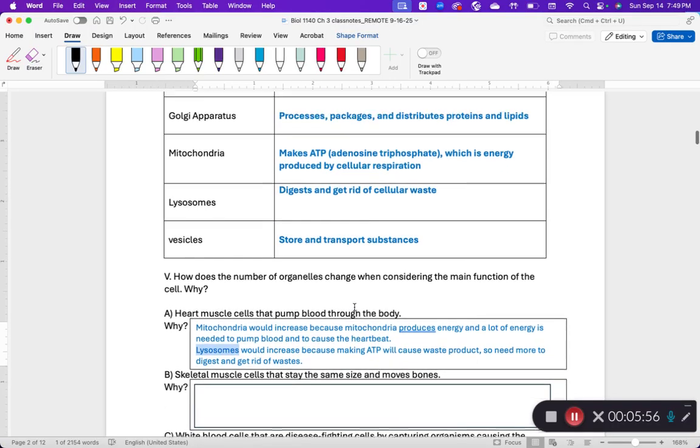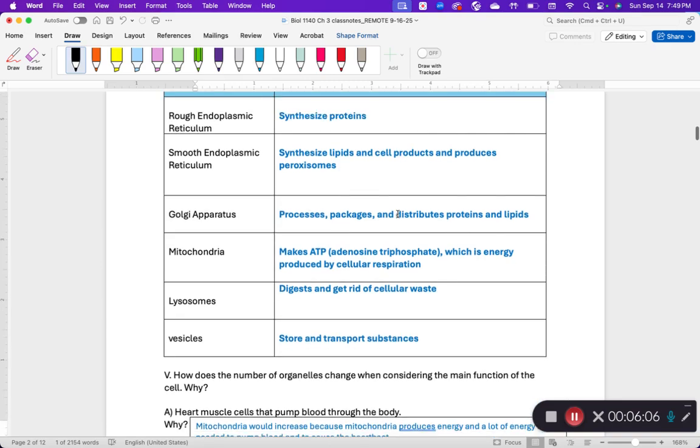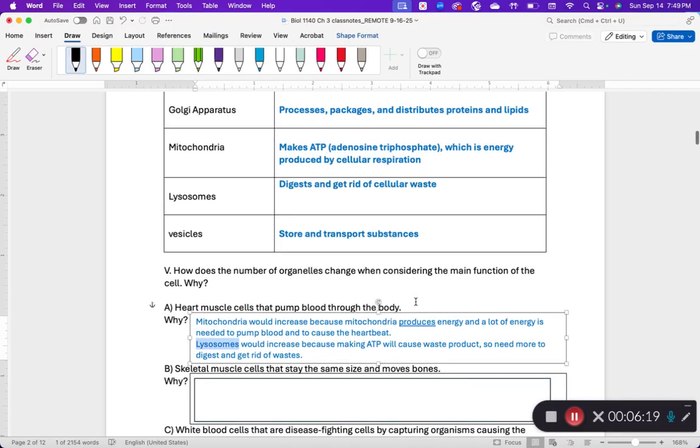So with this question, you're thinking about what the heart muscle is doing. Now it needs to pump blood through the body. Then you look back at these organelles to see which number would increase, and why. A lot of these questions are going to have multiple answers.